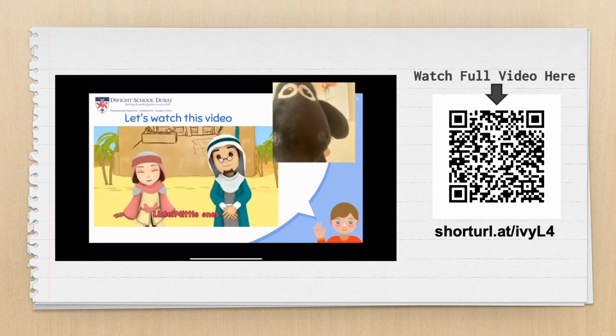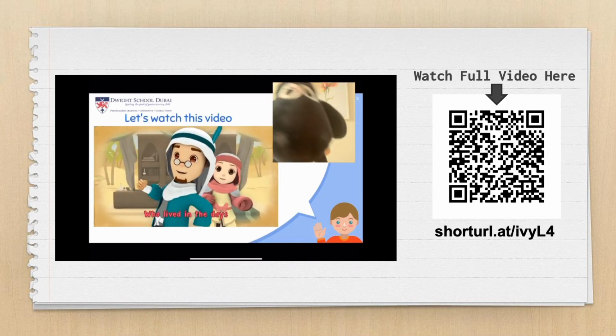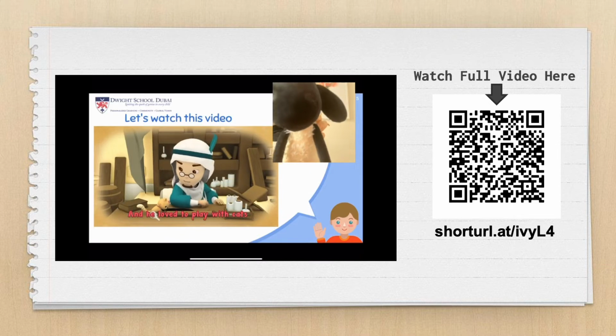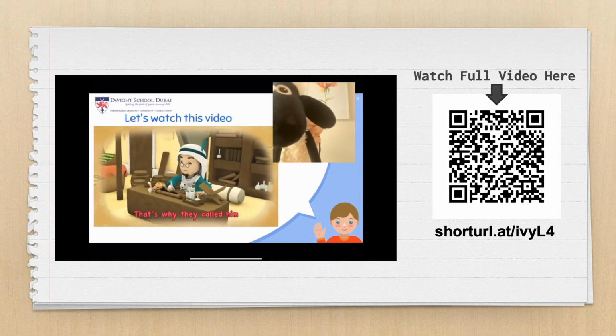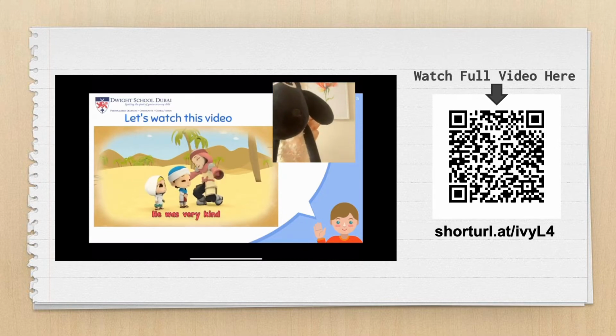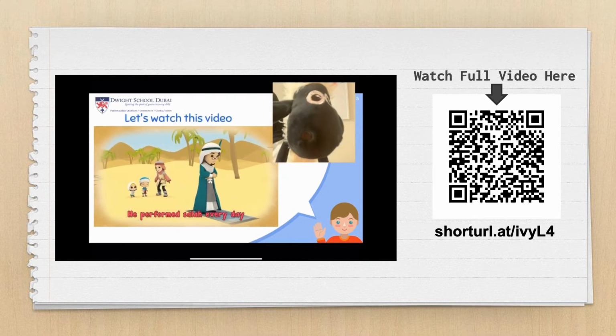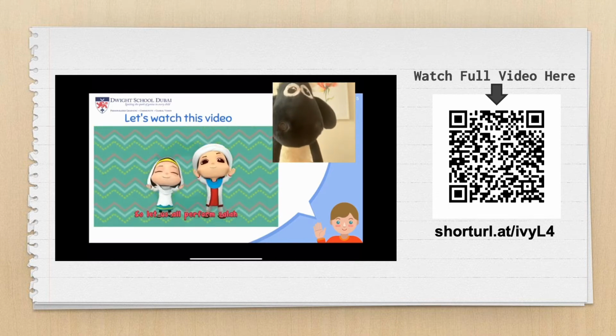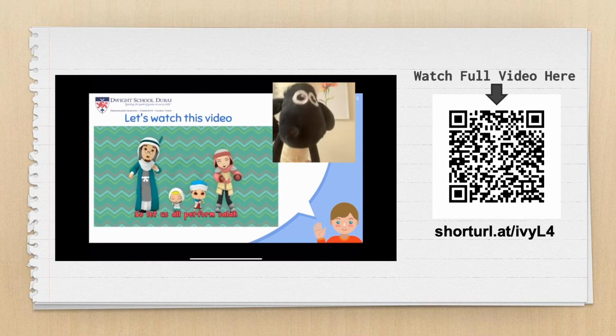Listen, little ones, let me tell you of a man who lived in the days when the Prophet walked the land. He was kind and strong, and he loved to play with cats. That's why they call him Abu Huraira. As the story goes, he was very kind. He performed Salah every day and every night. Wow! We love to be like Abu Huraira. So let us all perform Salah.